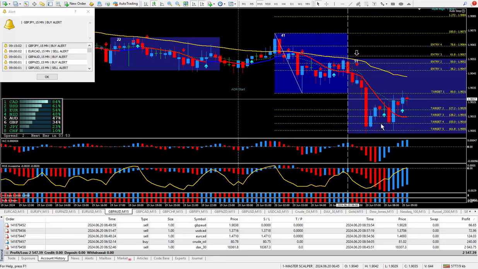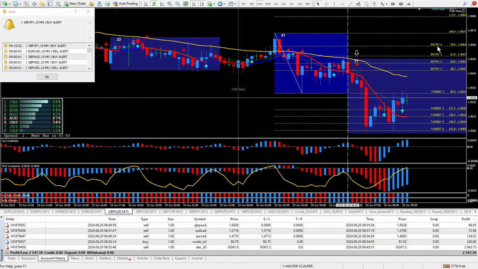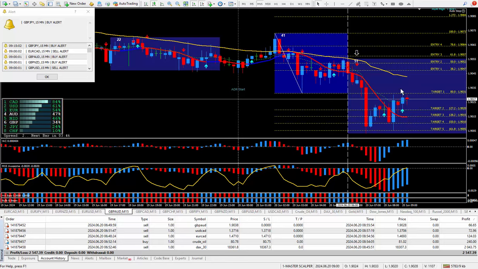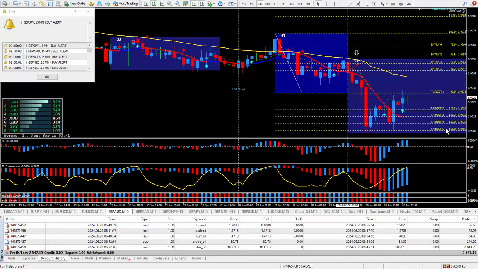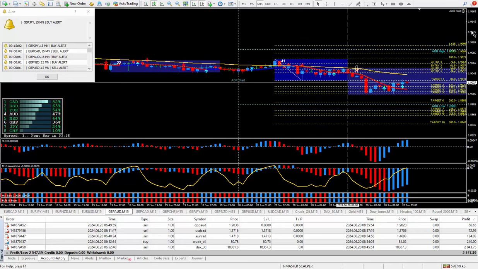And away it goes. Now if it hits one of the entry points here, it'll usually, not all the time, but usually hit at least minimum 2, 3, 4, 5. And on many days, it can go all the way down to 10.